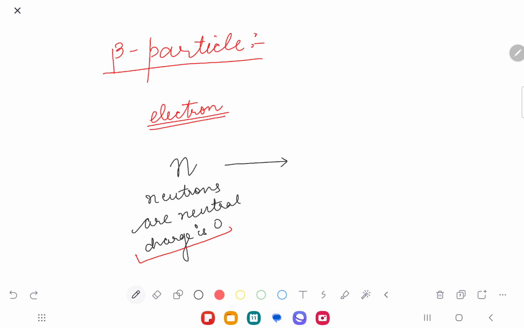So when scientists actually figured out, they realized that neutron is made up of proton plus electron. And you see, there is a very slight difference in the masses of proton and neutron. The mass of proton is 1.672 into 10 raised to the power minus 27 kg. And the mass of neutron is 1.674 into 10 raised to the power minus 27 kg.